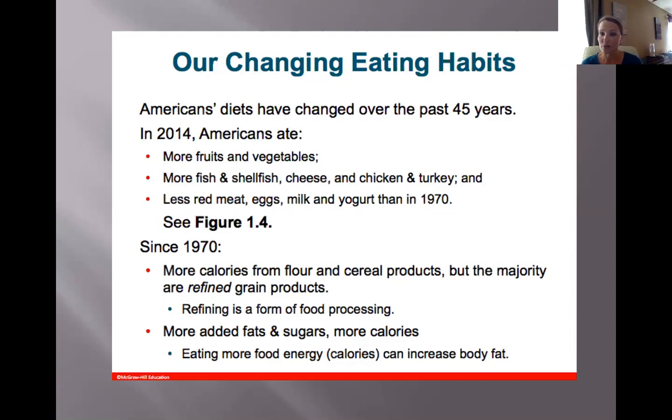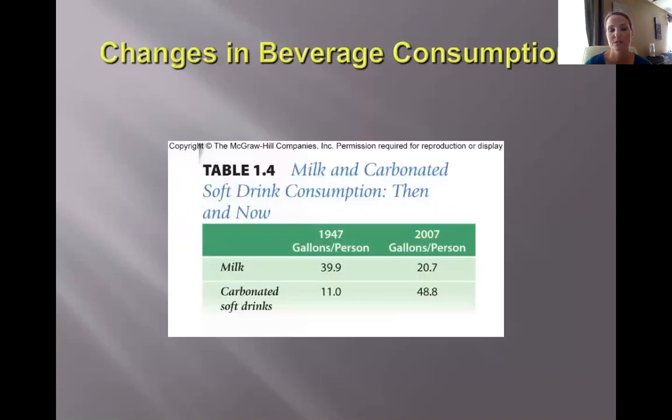Since 1970, though, we have also added more refined grain products, like cereals and crackers and things like that. And we have added fats and sugars and more calories to our diet. So we're eating a lot of high calorie, low nutrient foods. We do know that can increase our weight and body fat, and as those two things go up, that can put us at higher risk for certain diseases.